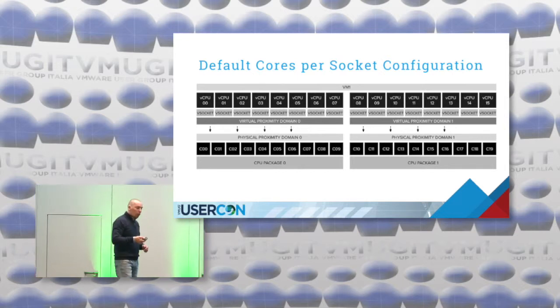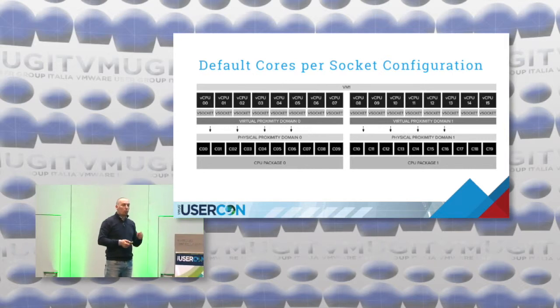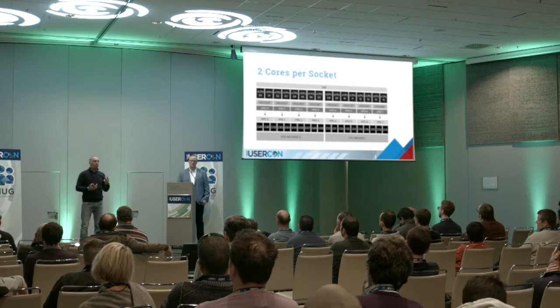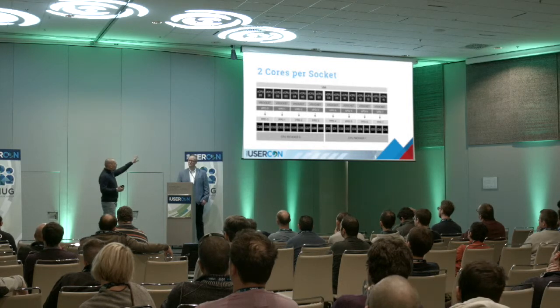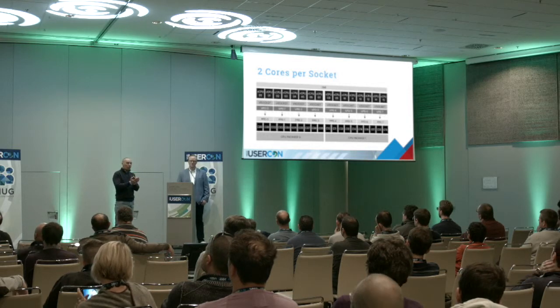Now I already talked about the default, and that is one virtual socket per vCPU, but some like to change that. One of the most common situations I see in the US is that customers use 2 virtual CPUs per socket. If you do that, you will create a NUMA node per socket configuration.